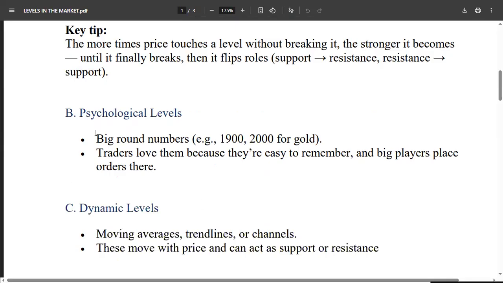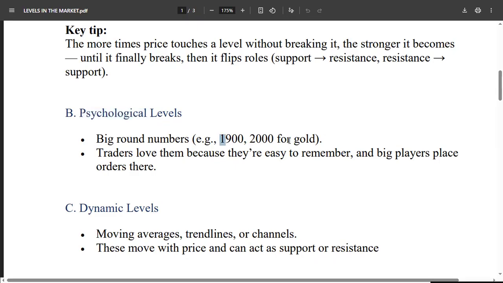And of course, we have psychological levels. Mainly, we concentrate on the numbers. Sometimes someone can tell you to mark a level at a certain number, a certain price, for example 1900, or maybe 2000. Those can also be termed as levels, and we call them psychological levels.